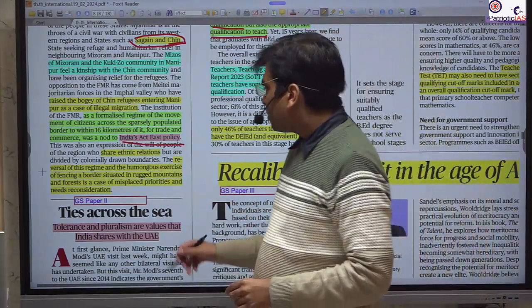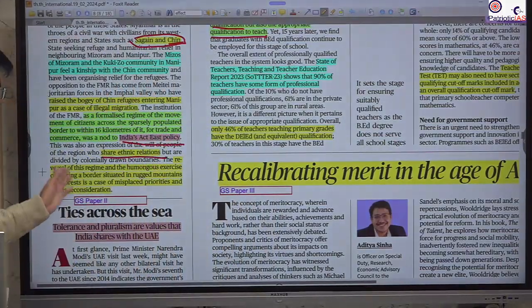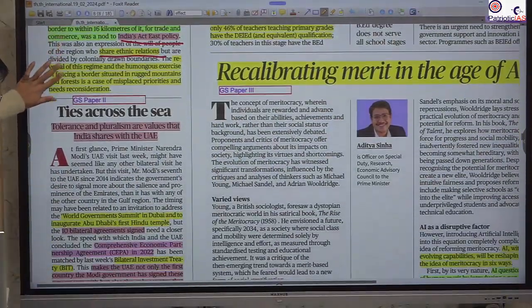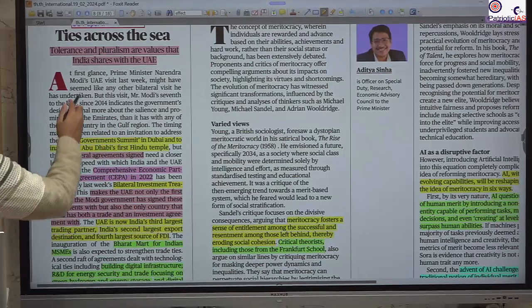Here it is saying that the ethnic relationship is there and this will not be good for those tribals.